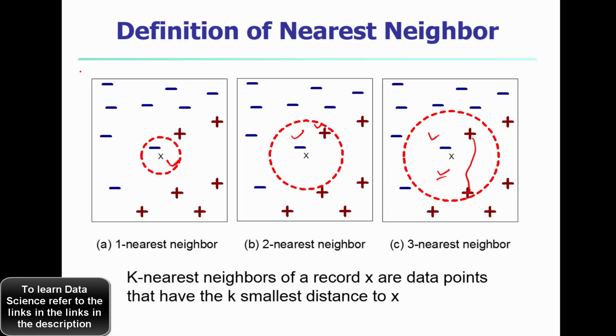So when k equal to 1, we concluded that x is negative, whereas when k equal to 3, we concluded that x is positive. Now that's a drawback of using nearest neighbor, that if you change k, your answer is actually changing.